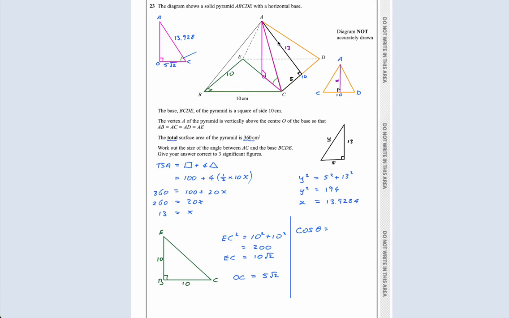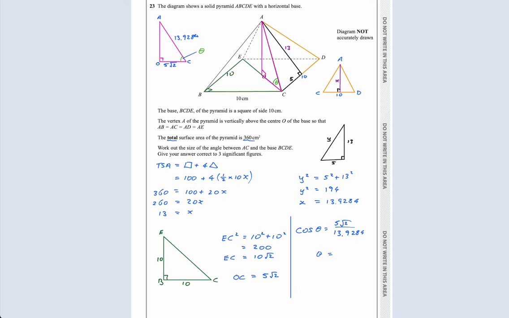So this angle here is theta. And the cosine of theta is adjacent, which is 5 root 2, over hypotenuse, which is 13.9284. Forgot to put the 4. And then theta is the inverse cos of that.